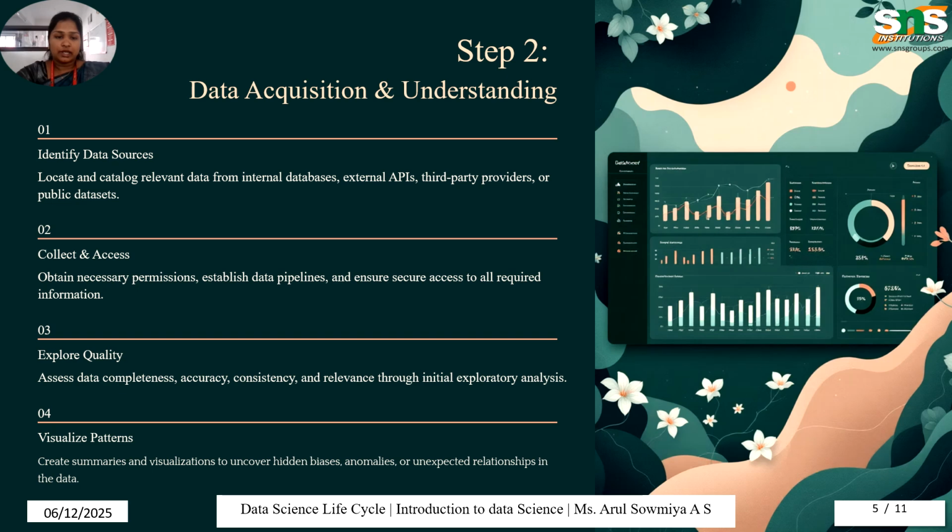Firstly, we have to locate and catalog the relevant data from internal databases, external APIs, third-party providers, or simply public databases. Next, the second point: we have to collect and access the data. Here we obtain necessary permissions, establish the data pipelines, and secure access to all the required information.